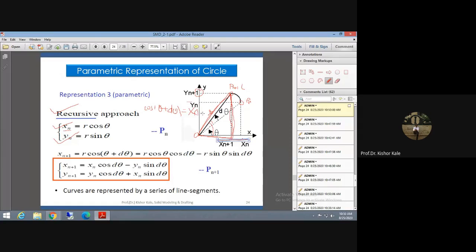Yes, xn plus 1 upon r, that is correct. So how will we write xn plus 1 then? Xn plus 1 would be equal to r into cos of theta plus d theta. Can you write this?